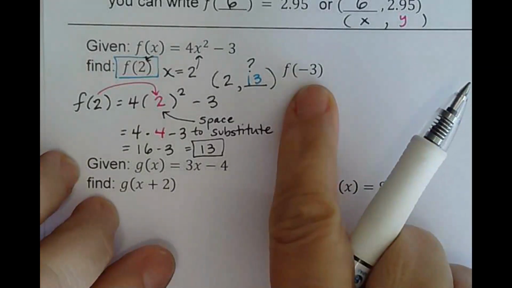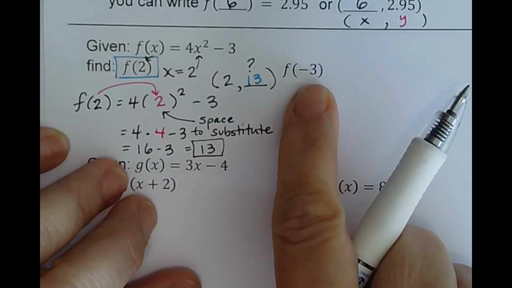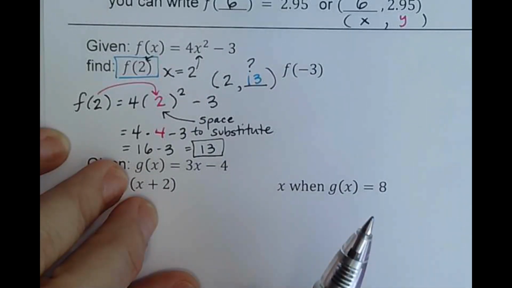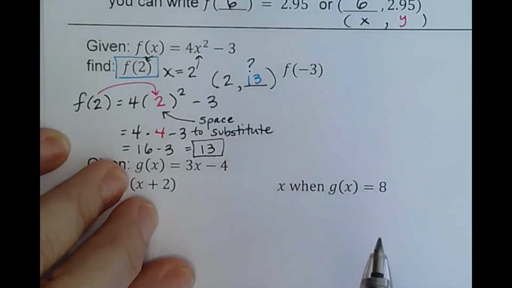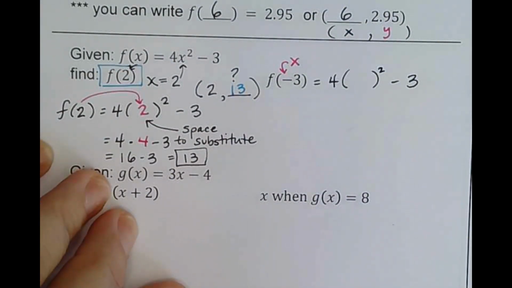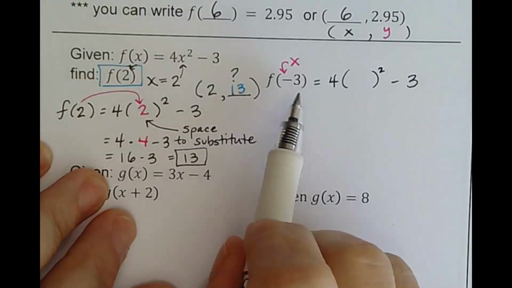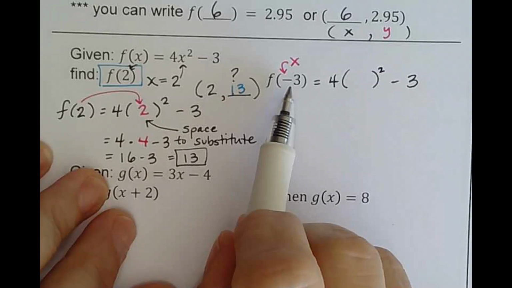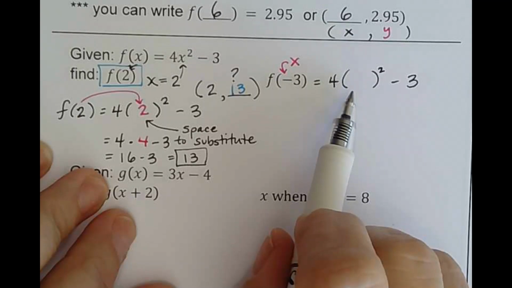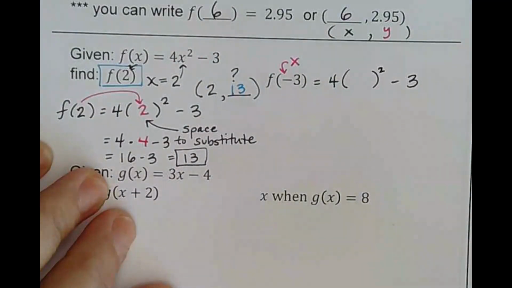If I were to find f of negative 3, I work this the same way, but I substitute negative 3. Go ahead and do that. Hit pause and then check yourself. The first thing I do is I take the x out because I'll write negative 3 where the x was. Also in the equation, I make a space where I can substitute, and I'll put negative 3 in place of x.